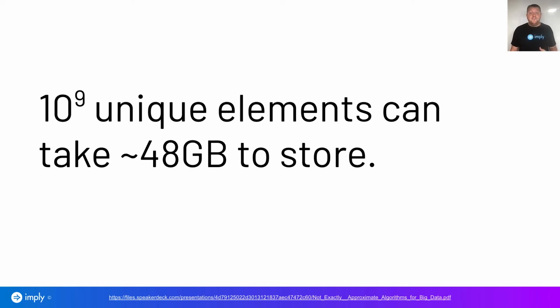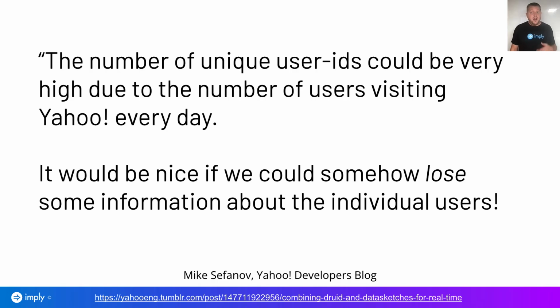You may think it's infeasible for you to process this data with any degree of reliability, speed or accuracy, like hundreds of thousands of visitor identifiers, millions of IP addresses, billions of unique ad impressions, like Yahoo did. They wanted to count unique user IDs, but they didn't want to spend much more money.